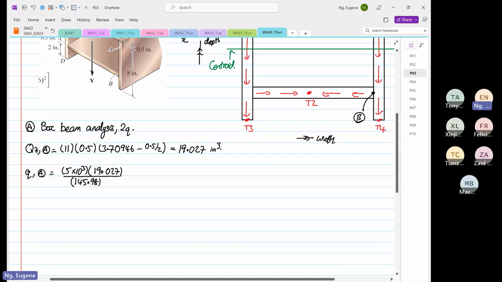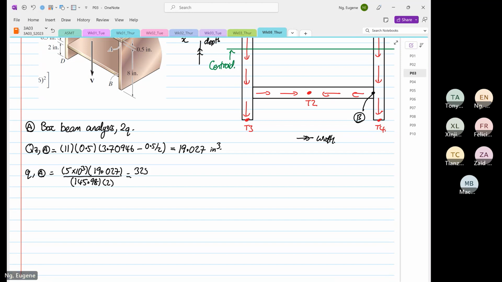And because it's a box beam analysis, you divide by 2. Okay, because Q goes to one side and then goes to the other side. So 5 times 10 to the power 3 times 19.027 divided by 145.98 divided by 2 is equal to 325.849. Okay, so 325.849 PSI. Okay.